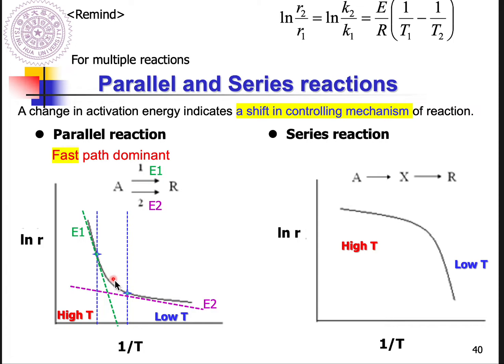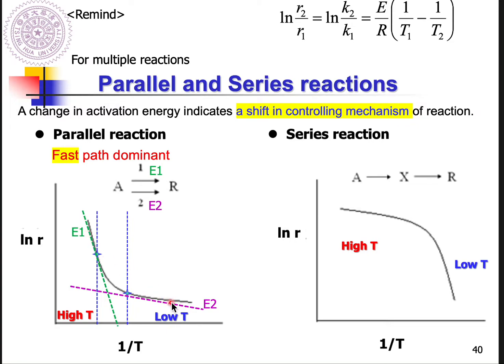If you get a curved line, and after fitting you get 2 straight lines, that means that there are 2 chemical equations involved in your reaction in this temperature range. At high temperature, reaction 1 dominates, and at low temperature, reaction 2 dominates.